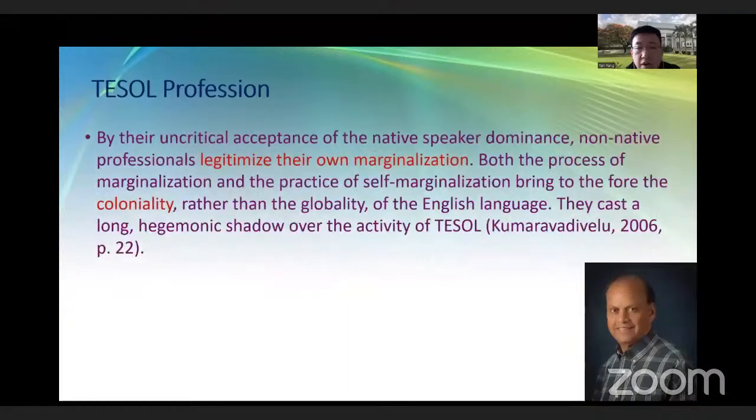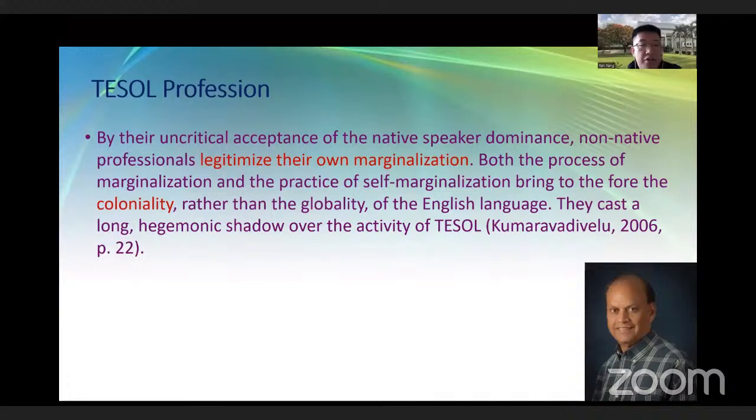So here, Kumaravadivelu argued that by their uncritical acceptance of native speaker dominance, non-native professionals legitimize their own marginalization. Both the process of marginalization and the practice of self-marginalization bring to the fore the coloniality rather than the globality of the English language.